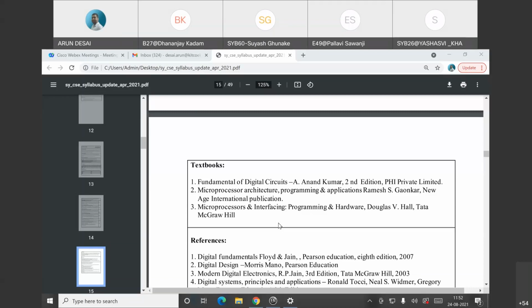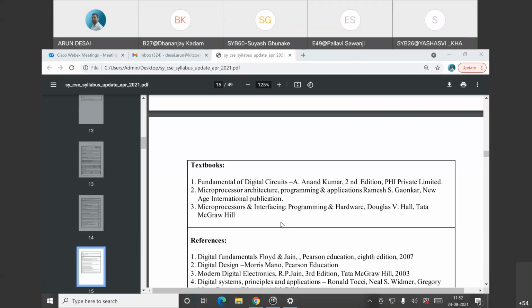So for digital logic, you need to use Modern Digital Electronics by RP Jain, right? You'll take the things related to digital logic from RP Jain. Then for Boolean algebra and all, you need to go for Fundamentals of Digital Circuits by A. Anand Kumar. So you need to keep in mind the author's name, right?